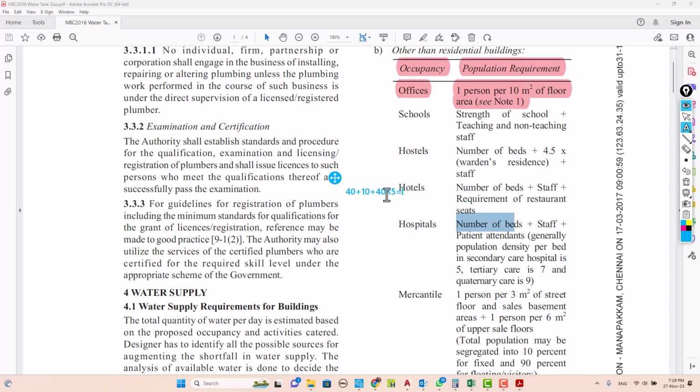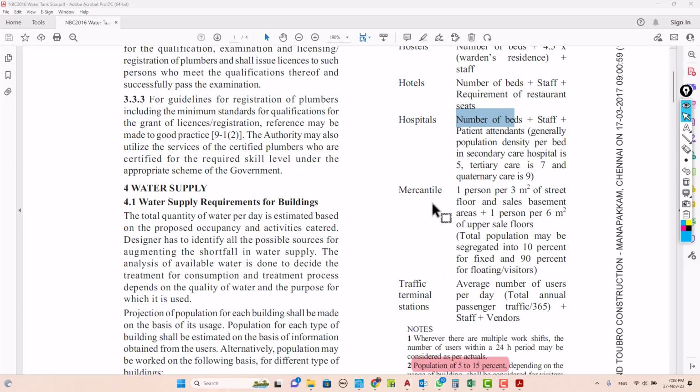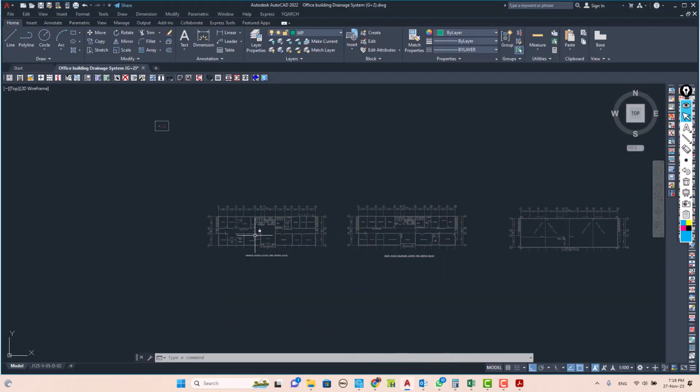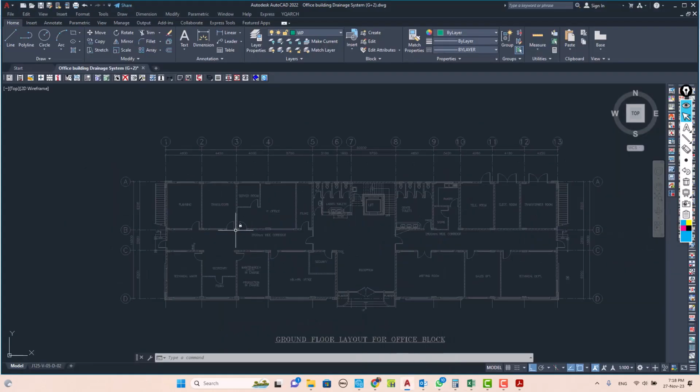Like this we will calculate the population. But here in my example, this one is the office.